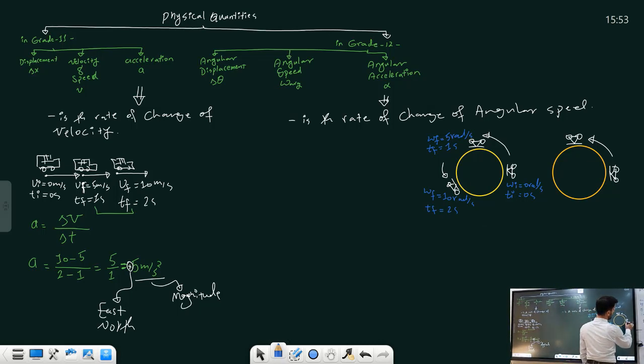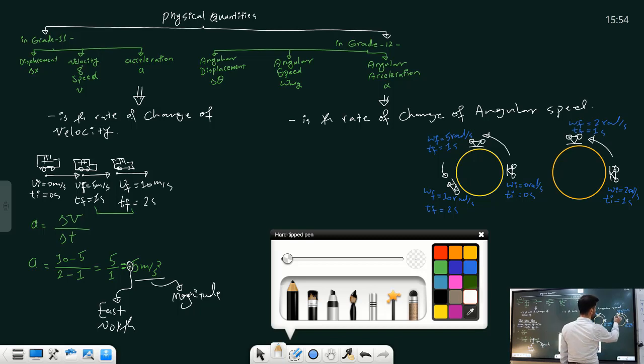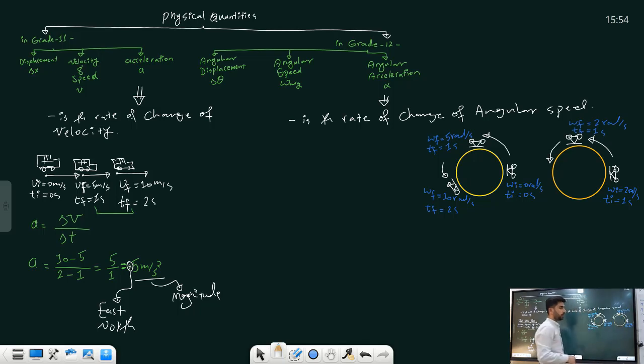But look at the other one. The initial angular speed is, let's say, 2 radians per second at 1 second, and the final one is again 2 radians per second at 1 second. As you see, the angular speed of the bicycle doesn't change. It remains constant.